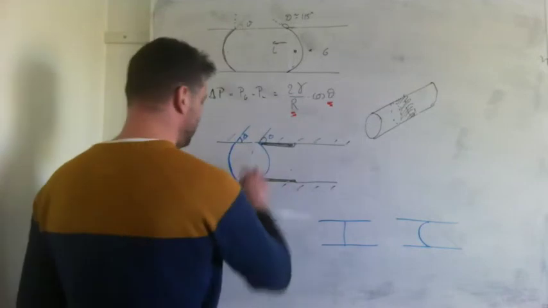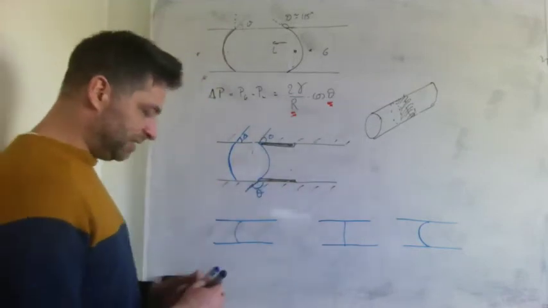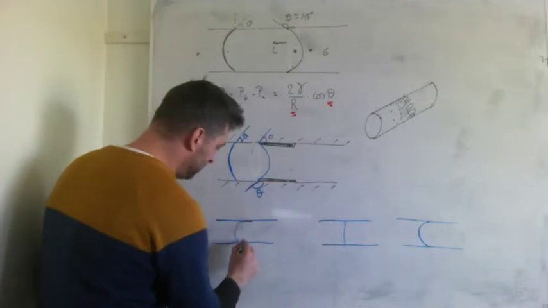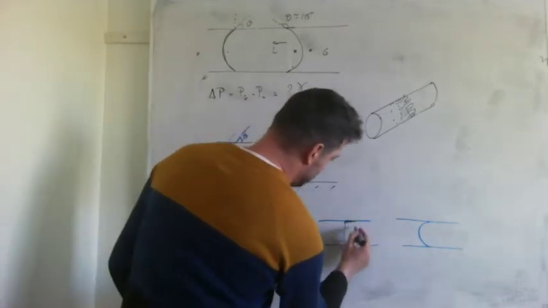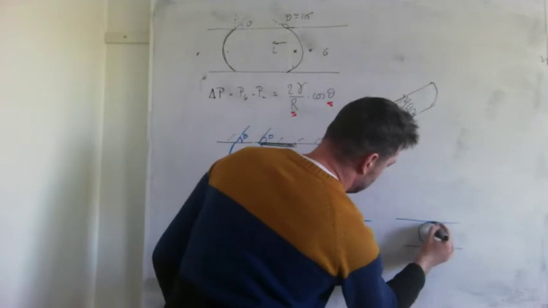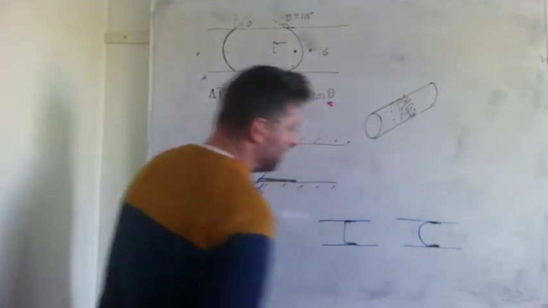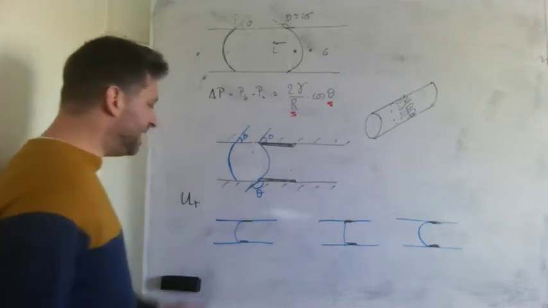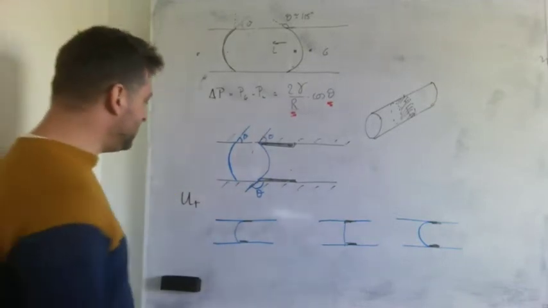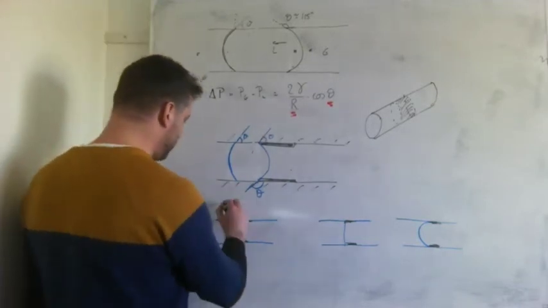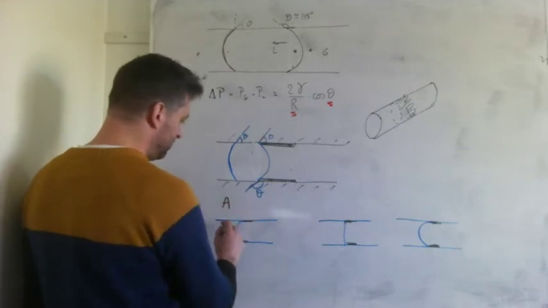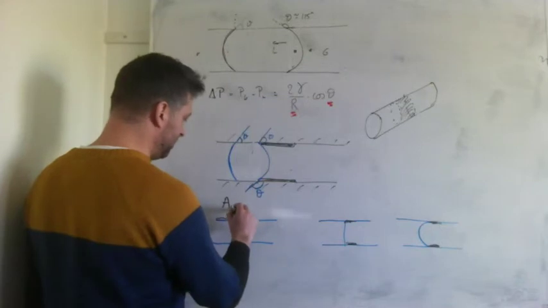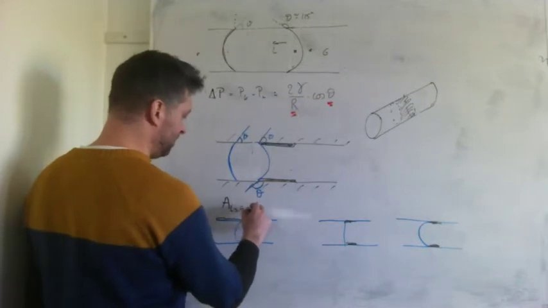So the answer is that I can compare these three systems with each other. Basically, I have a hydrophobic patch here, and here, and here. If I now consider the total surface energy of the systems, I see that the wet surface, the liquid-solid surface, is constant for all three.